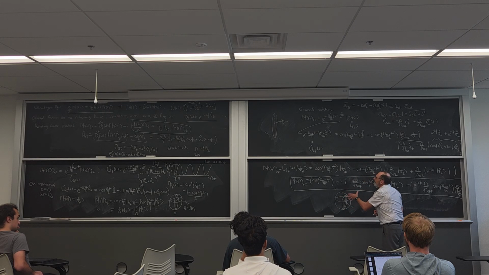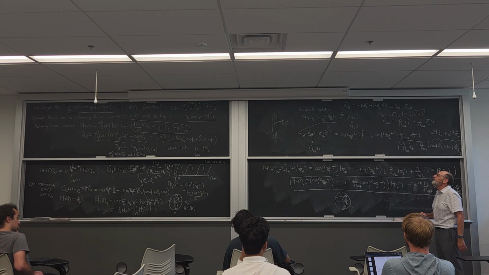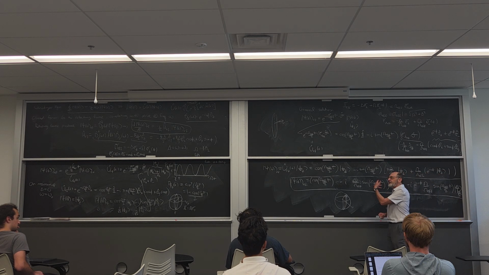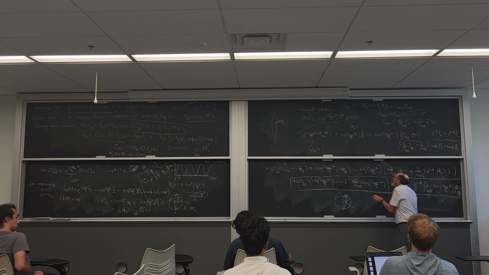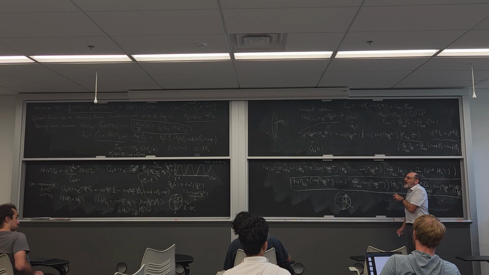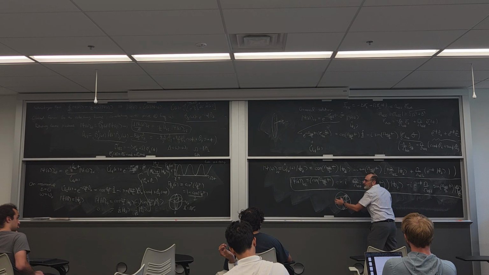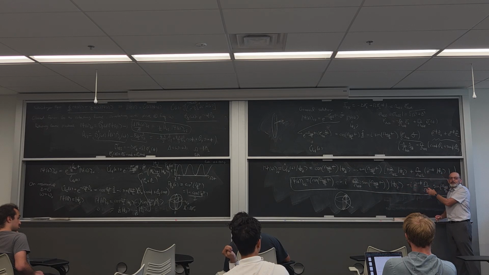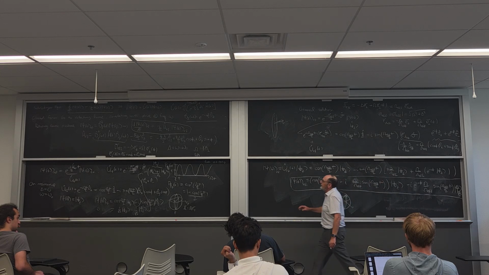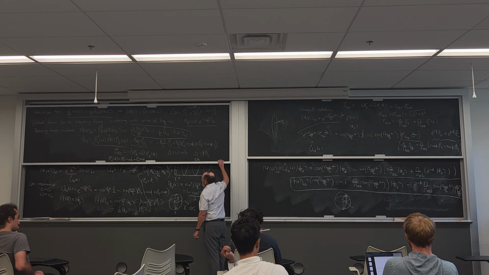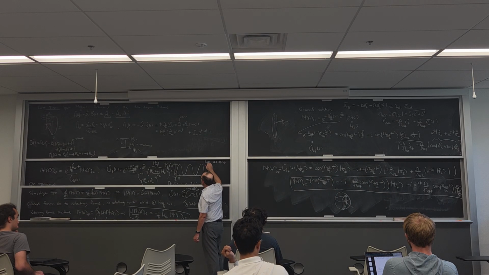If we wanted to, we can calculate the Bloch vector as the expectation value of sigma x, sigma y, sigma z, and we would see this very same thing. But this is a different representation of the same thing in terms of the amplitudes in spin up and spin down.